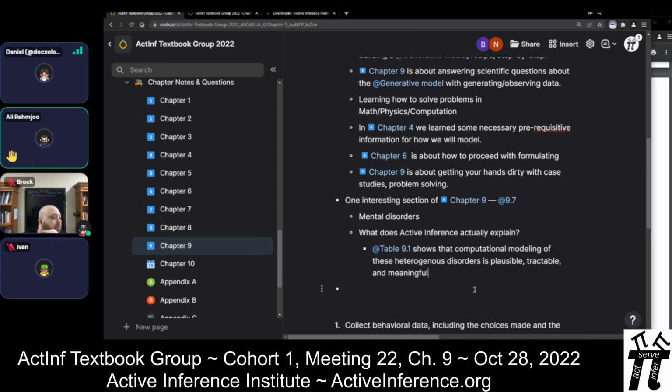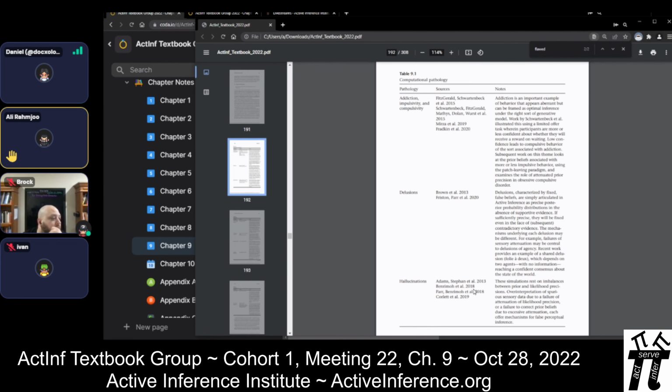But I think this part of chapter 9 is something that was not addressed quite explicitly in the previous chapters, and in my opinion, is the most interesting part of this one.